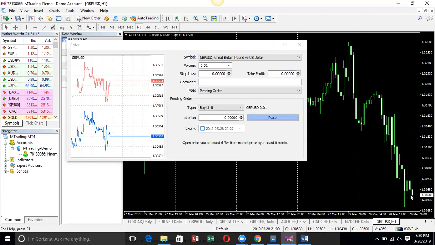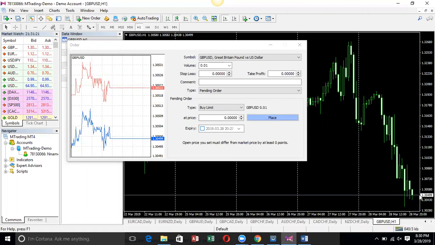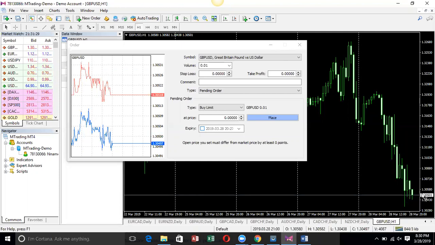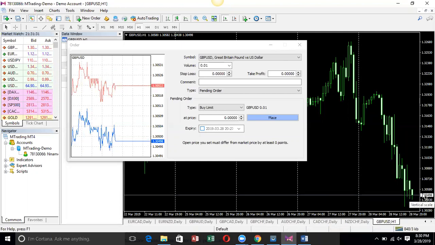Remember, this is the current market price. There is no way this current market price will be your at price. It cannot work. So that is why at price is your choice price, not the current market price. The current market price cannot be your choice price.